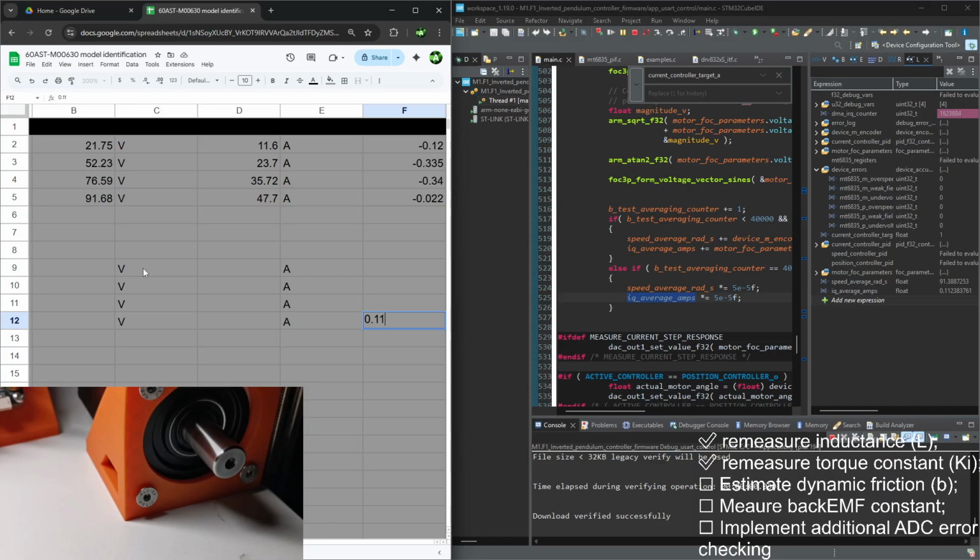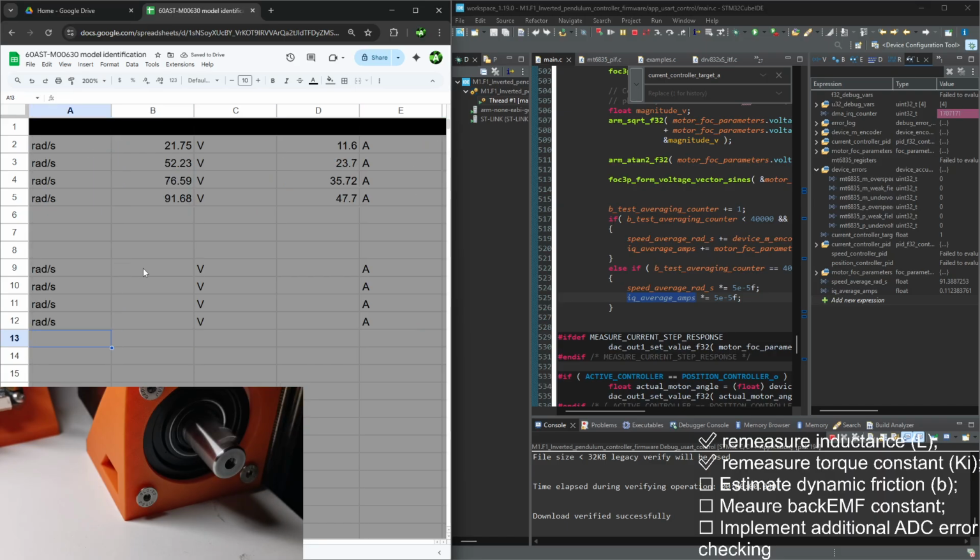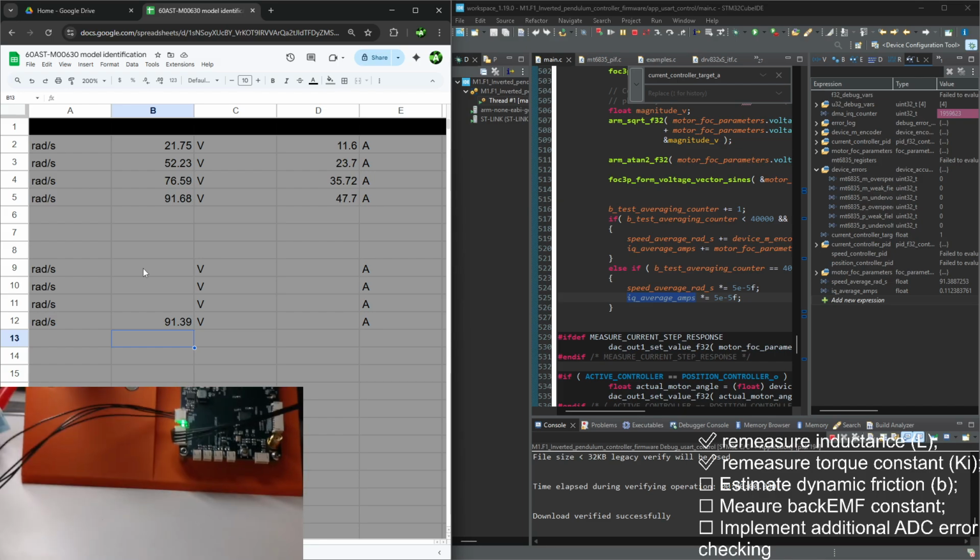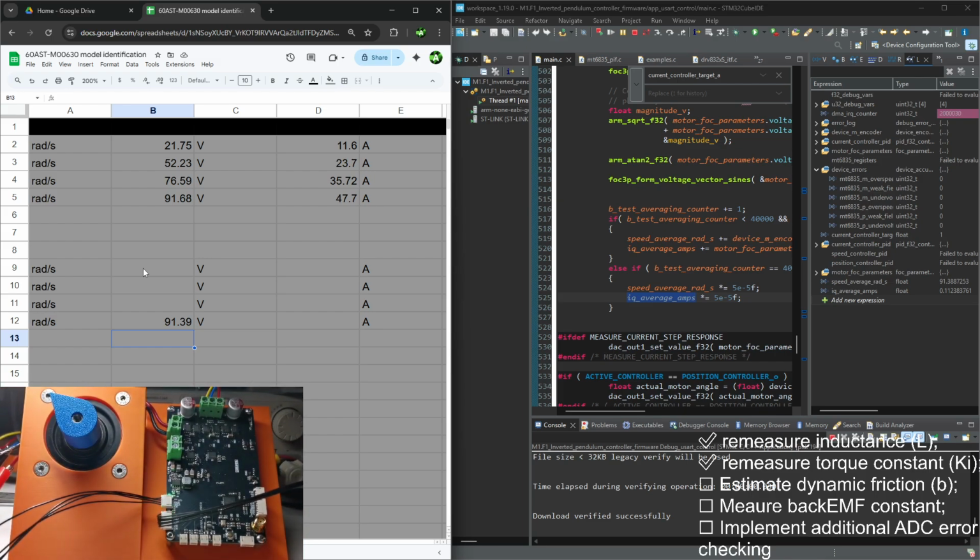We have 0.11 amps of current, and our estimated speed is 91.39. Let me take my multimeter and measure the voltage on the lines without blowing anything up, perfectly. But no promises here.